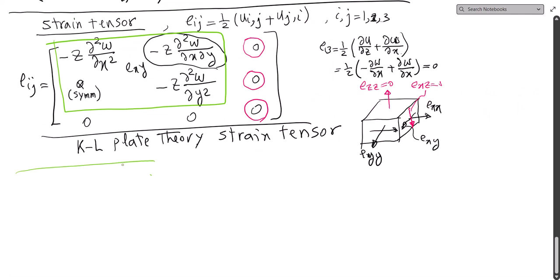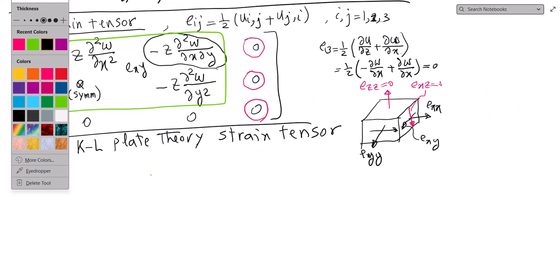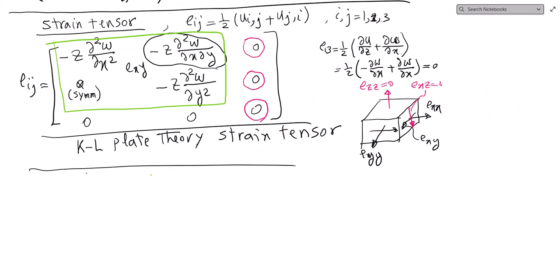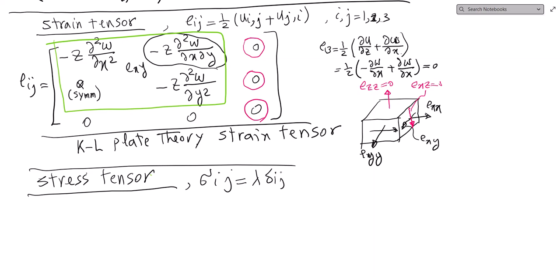Let's move to the stress. Call it sigma ij, which is lambda delta ij ekk plus 2 mu eij.